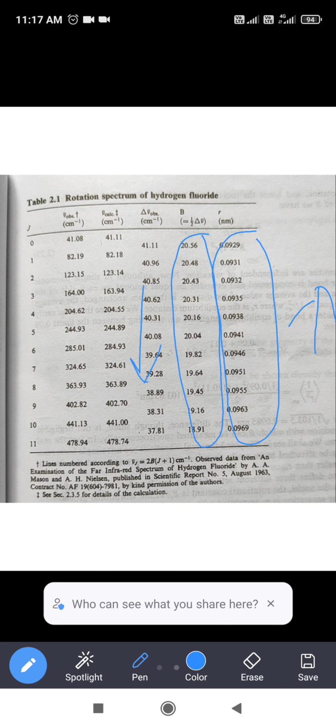So what is R? R is the bond length of the HF molecule. So R is increasing with the J value.